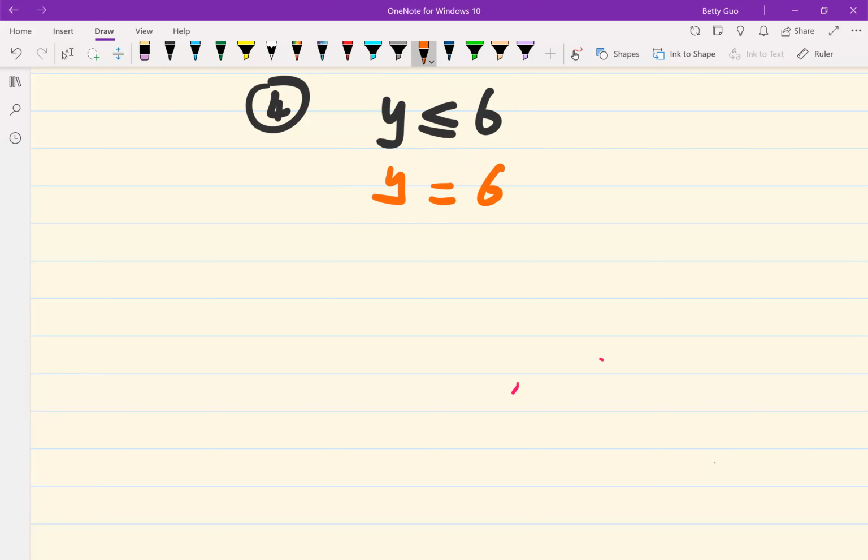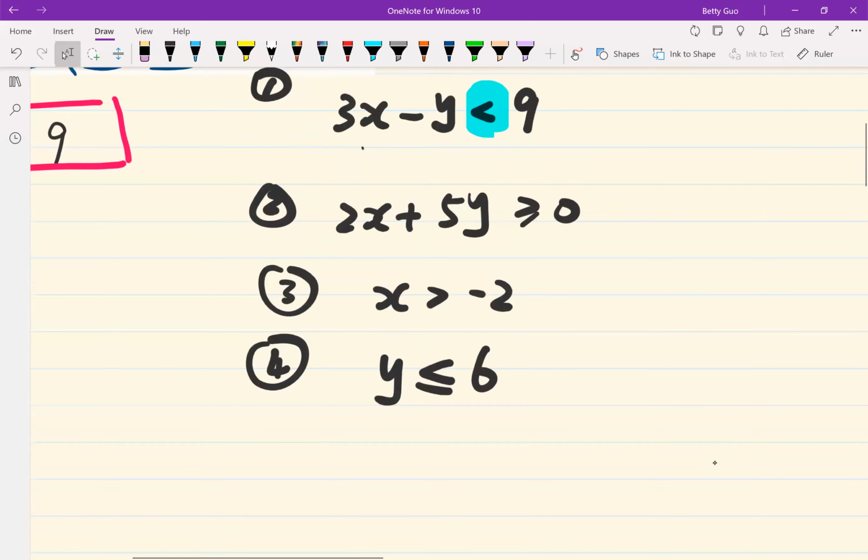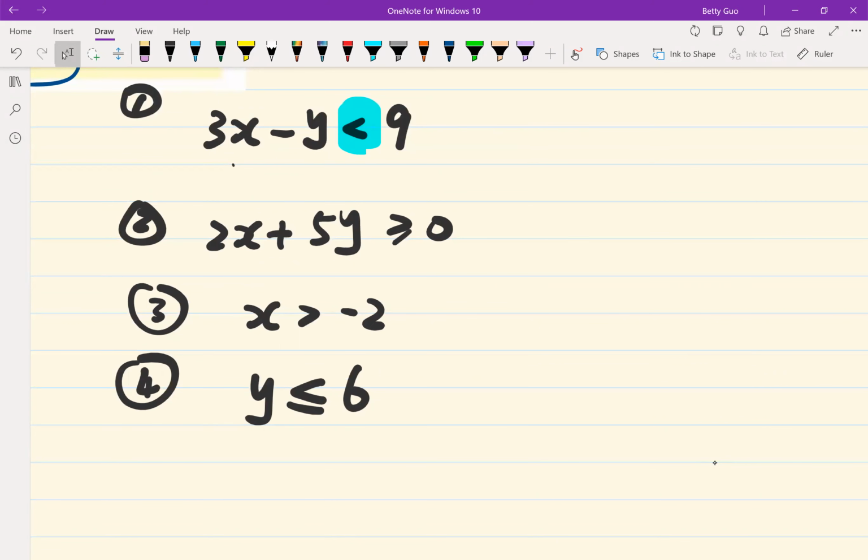What kind of line this time? Horizontal, exactly, perfect. So by using the trick, we see all of them are linear inequalities in two variables. The focus of this section is to graph the solution set of a linear inequality in two variables.